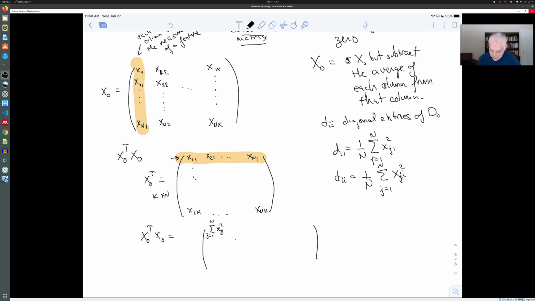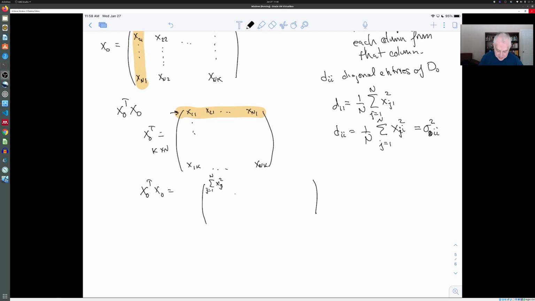And remember that since these numbers have mean 0, these are exactly the variances, sigma squared, of the ith column of the original data. And the off-diagonal entries, dij, is going to be the ith column of X0 dotted with the jth column of X0 divided by n.